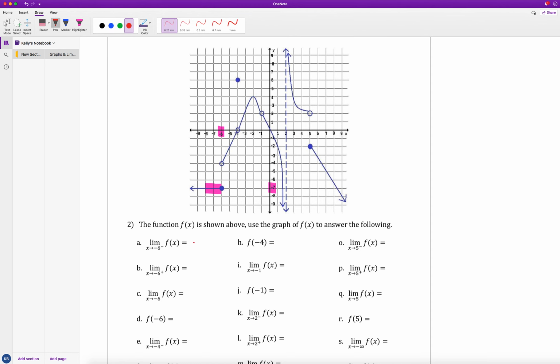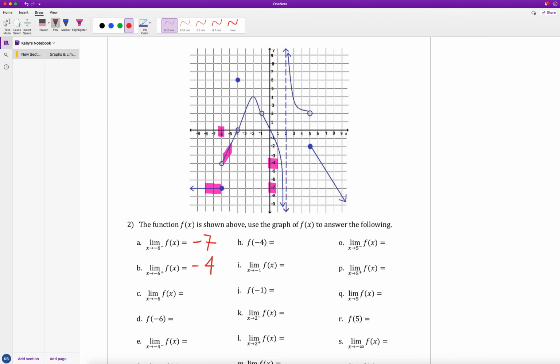So the limit as x approaches negative 6 from the left of f of x is equal to negative 7. Now from the right hand side, I don't get to say negative 7 since there's nothing over here to the right. Instead, we're using this other piece of the graph that's coming in as x approaches negative 6 from the right. We are at negative 4 then.